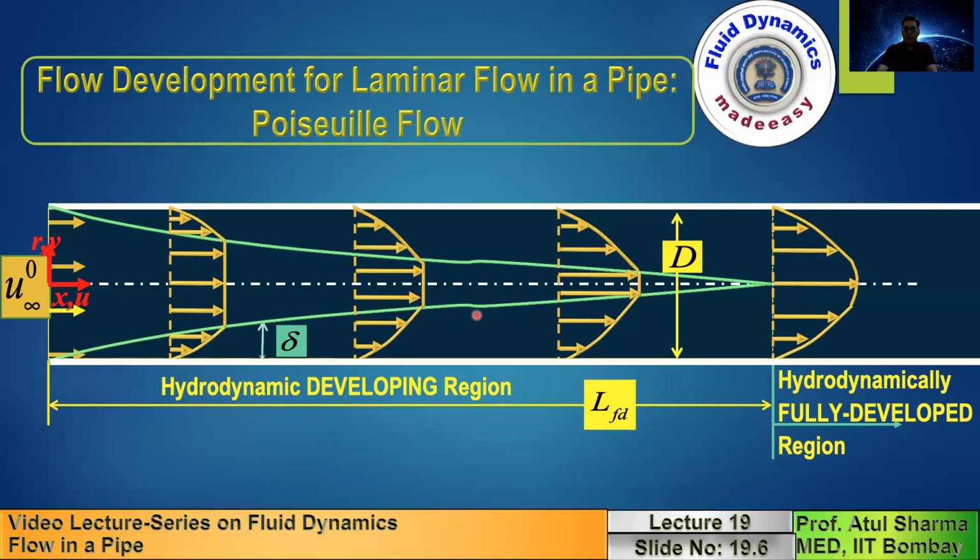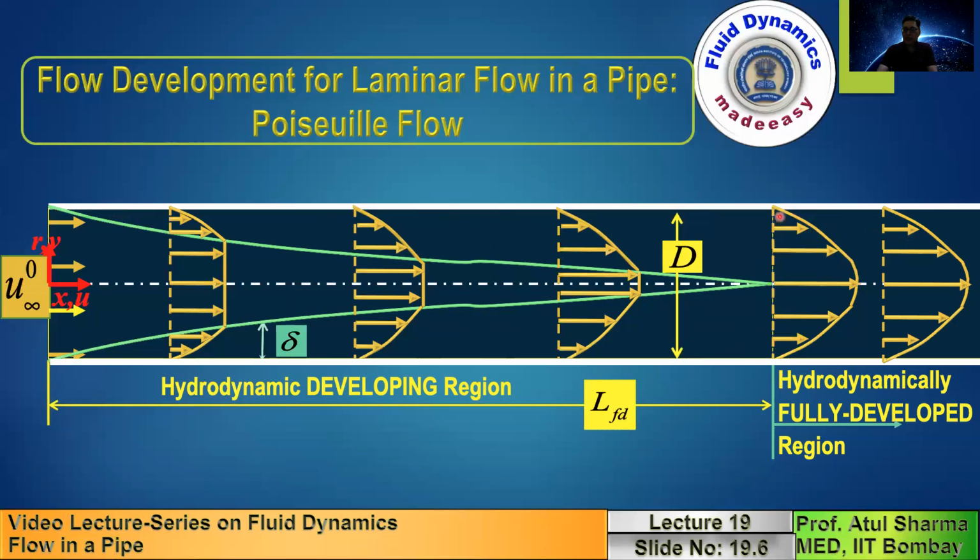When the growth of the boundary layer is symmetric from the two ends of the wall, this is the upper end and this is the lower end, and at a certain axial location, this boundary layer meets. Thereafter, the velocity profile is found for a laminar flow to be parabolic, and when the fluid moves downstream, it has been found that the fluid which is moving on a particular layer, its velocity remains constant.